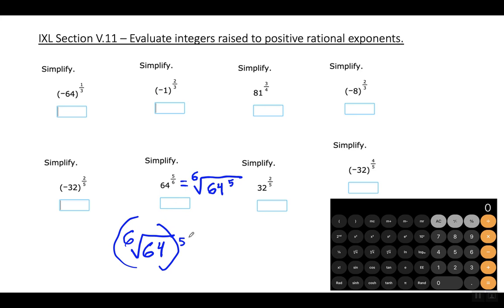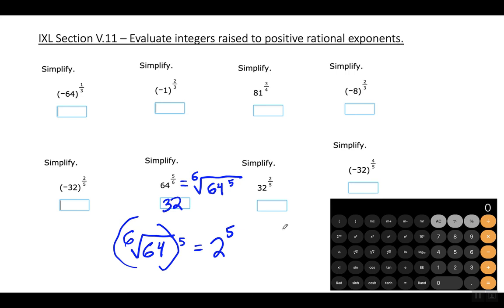When I do that in my calculator, I get 2, and then I'm going to do 2 to the fifth power, which is going to give you 32. So this concept of 2 to the fifth power is 32 comes up a lot. Because here, when we had to get the fifth root of 32, I said it was 2. So that's one that you should memorize because it comes up a lot.